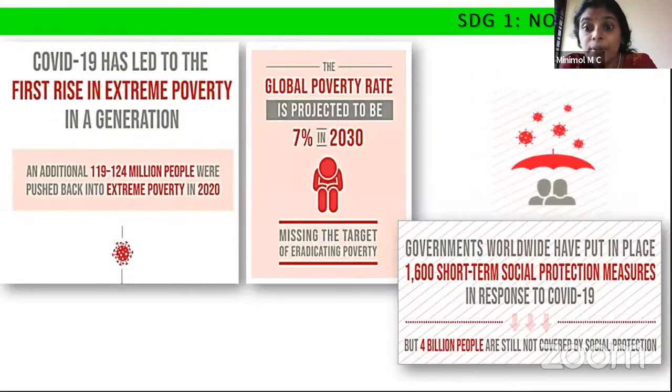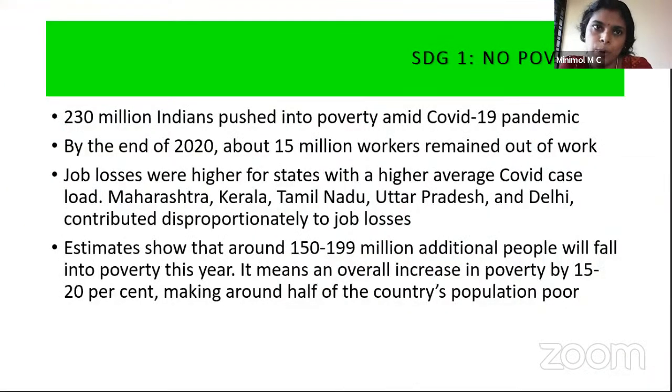And will you believe me when I say governments worldwide have put in place almost 1,600 short-term social protection measures in response to COVID-19. But still, 4 billion people in the world are not covered by social protection. Hope you will understand the severity of the issue.